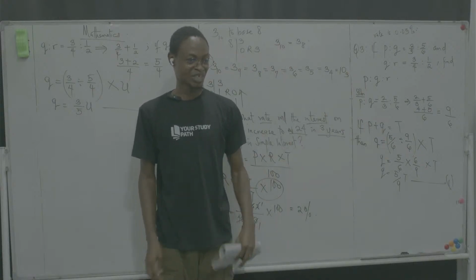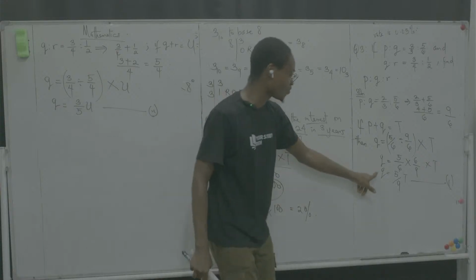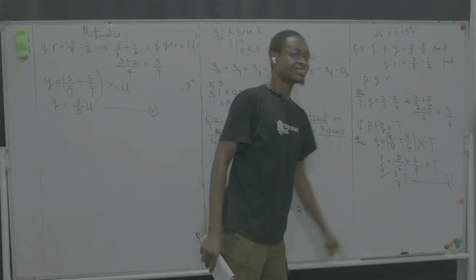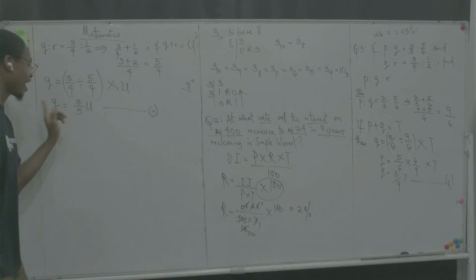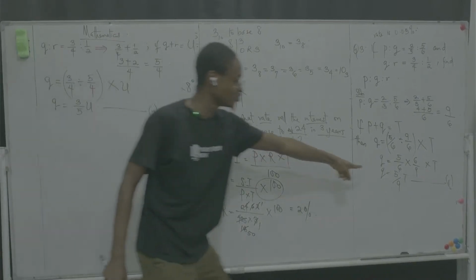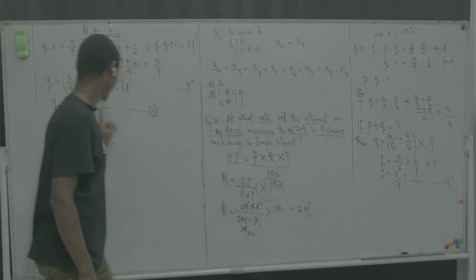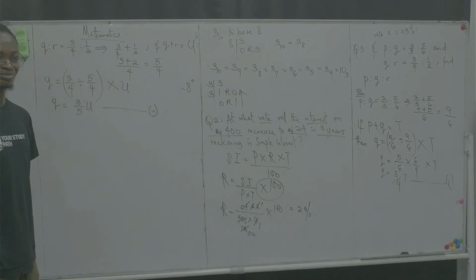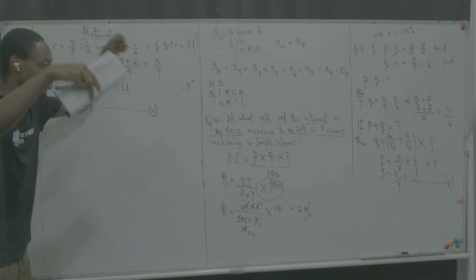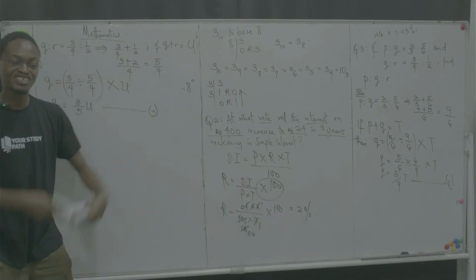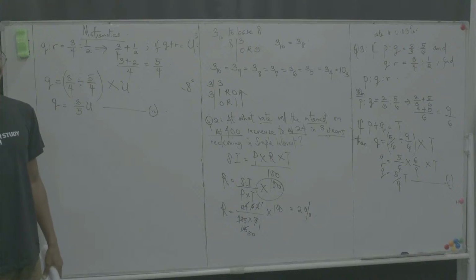Do you get? So this is the total value that Q collected. This is also the total value that Q collected here. What it means is that this value and this value have to be what? Have to be equal. Do you get? Because Q collects the same thing regardless of the ratio I'm comparing with others from.